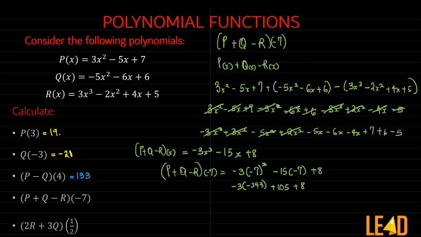So 7 to the power of 3. Yeah, 343. So I'm going to multiply that now by 3. So that's 1029 plus 105 plus 8. So that's going to be, my mom used to do math like this in elementary school.